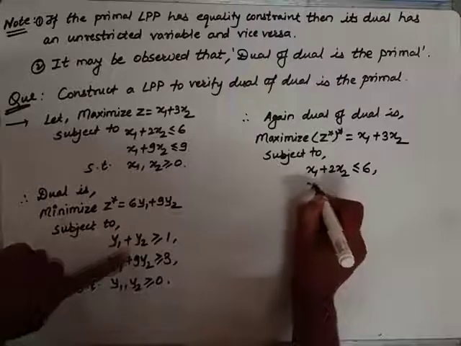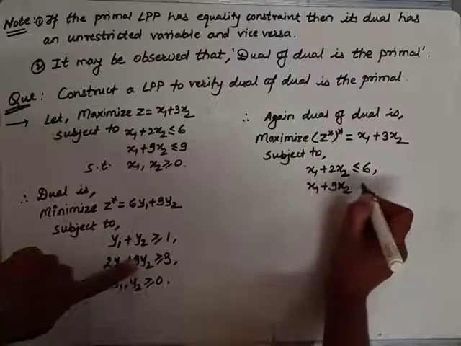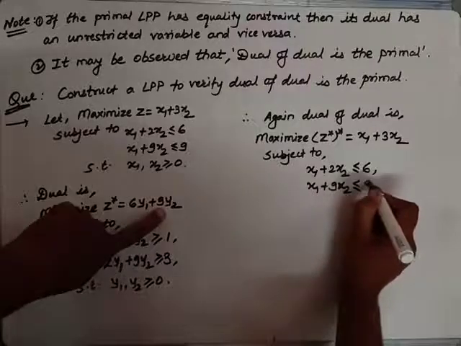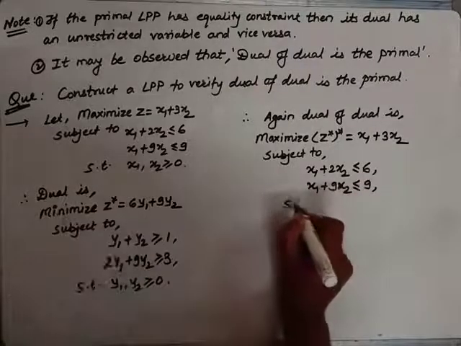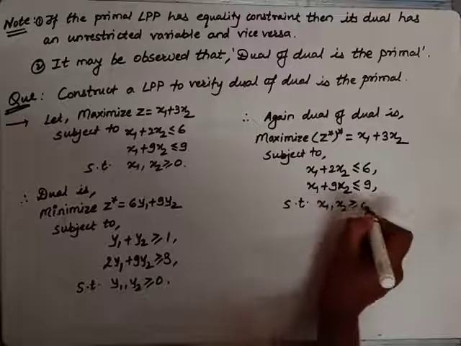Next x1 plus 9x2 again less equal 9, such that x1, x2 greater equal 0.